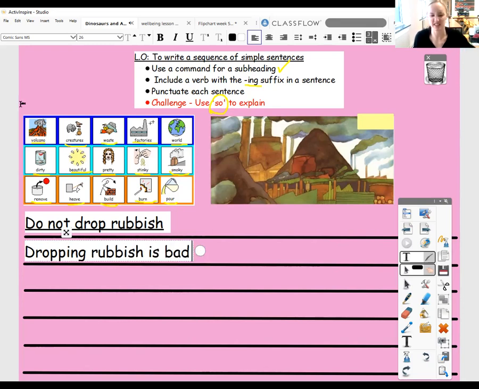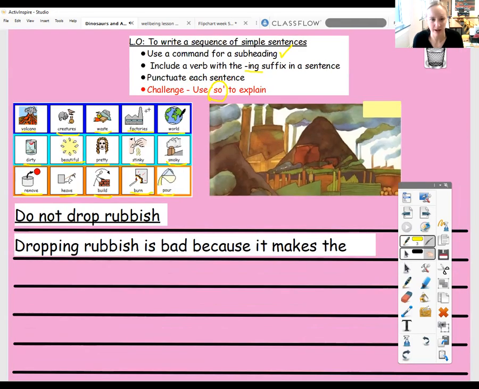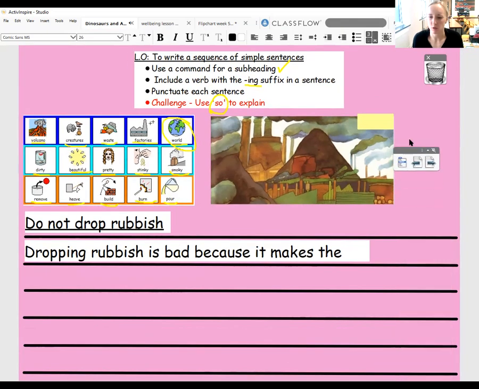Because I'm going to extend that sentence. Because what? What does it do? I know. Because it makes the world. Where's my spelling of world? Let me look on my word map. There it is. It makes the world. What happens when we drop rubbish? What adjectives can we use to describe it?